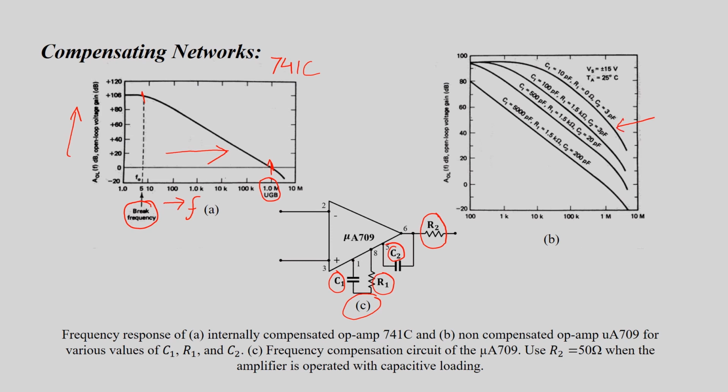Here also the x-axis is frequency and the y-axis is open loop gain, and this is for the 709, which is an externally compensated or non-compensated OpAmp. So we can use it as per our requirement.